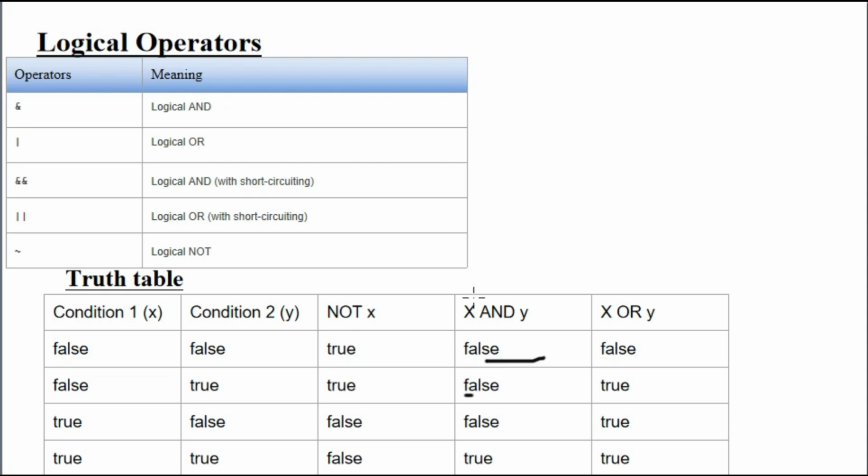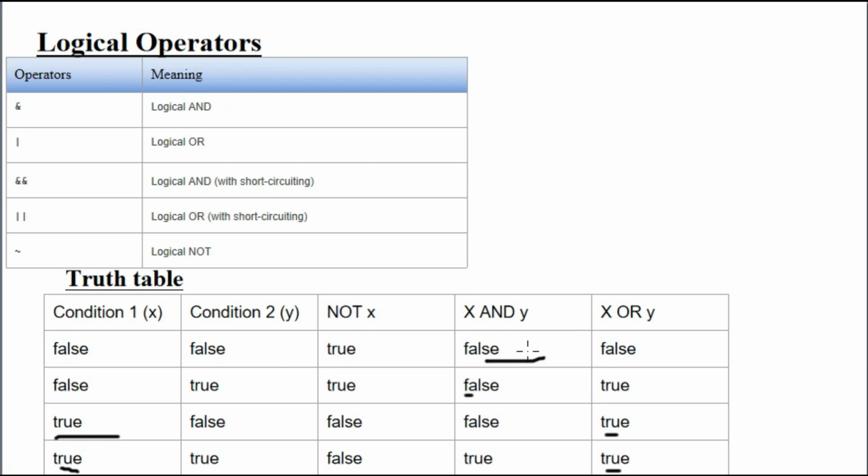Short circuiting acts smart, there is no need to evaluate the other condition. In x or y also, when we have true as the first condition, it gives true. So short circuiting or also acts smart. There is no need to evaluate another condition when the first condition is true.